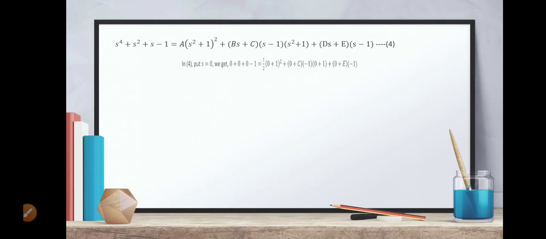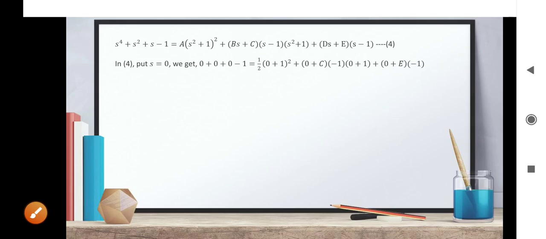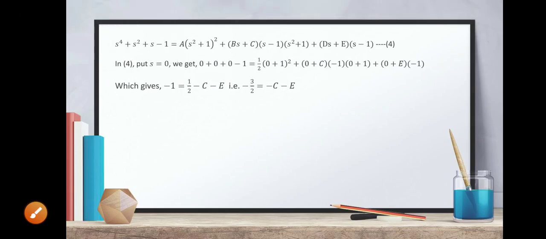So for S equal to 0, we get this expression. Here it contains the two unknowns C and E out of the four unknowns, and here we have used the value of A as 1 by 2. Simplifying this, we get the equation in C and E as C plus E equal to 3 by 2. This is your fifth equation in this solution.